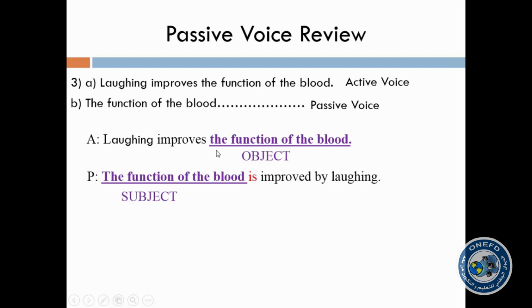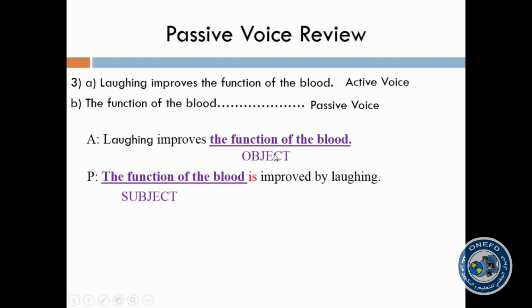So how do we transform the sentence from the active to the passive? By following this procedure. Laughing improves the function of the blood. Laughing is the subject, improves is the verb, and the function of the blood is the object. So this is in the active voice.